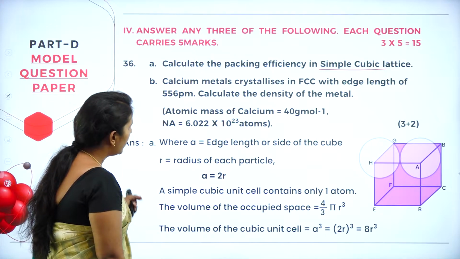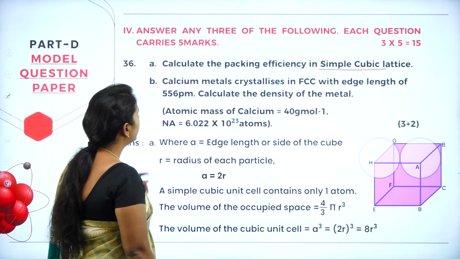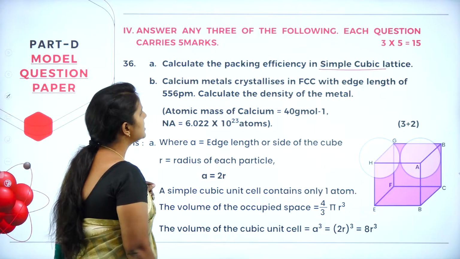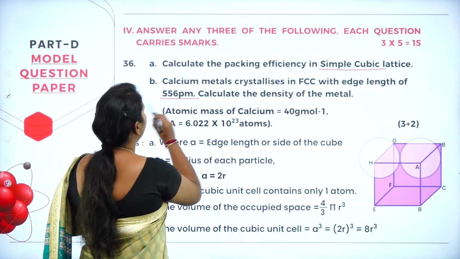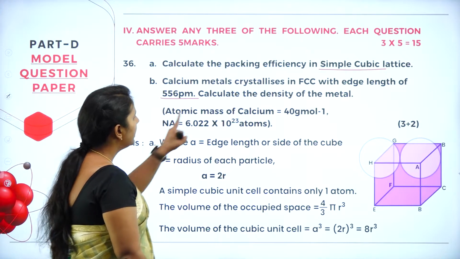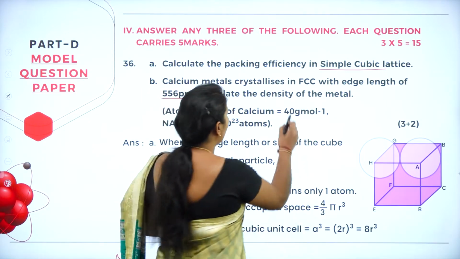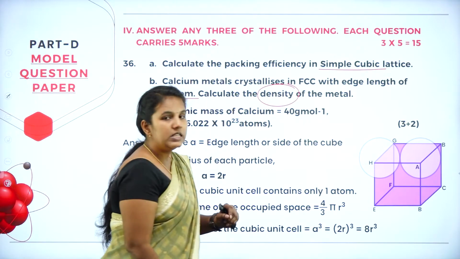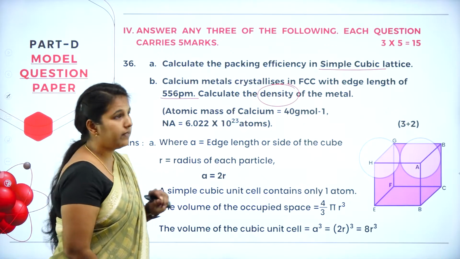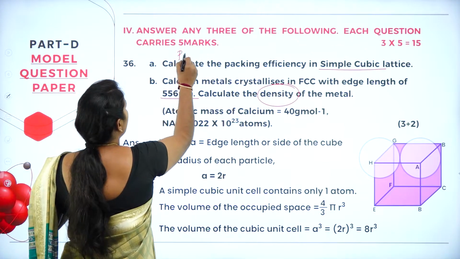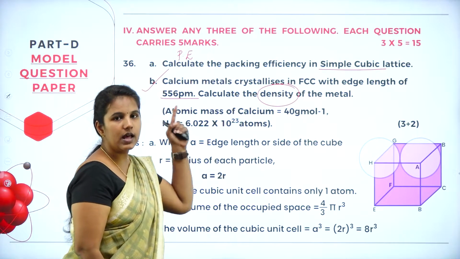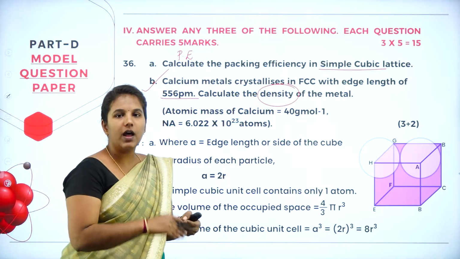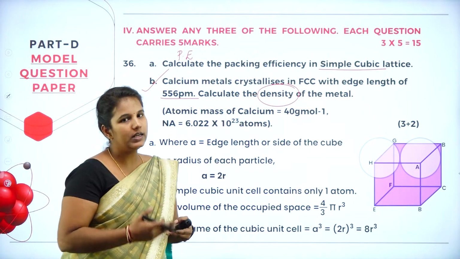And we have one more question: calcium metal crystallizes in FCC with an edge length of 556 picometer. Calculate the density of the metal. So the first question is from packing efficiency and the second question is a numerical. This is a 5-mark question from Unit 1, the solid state.